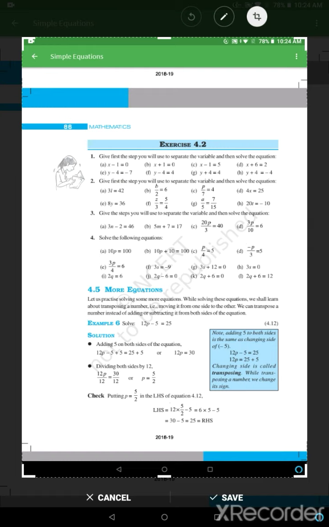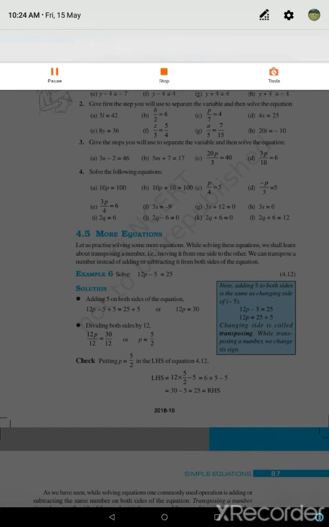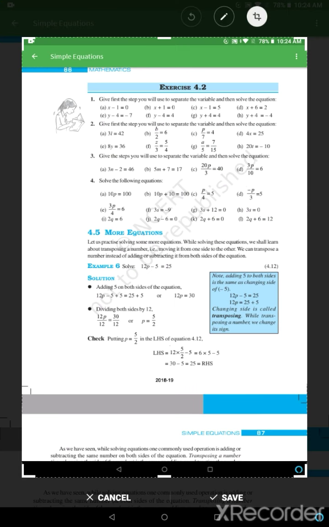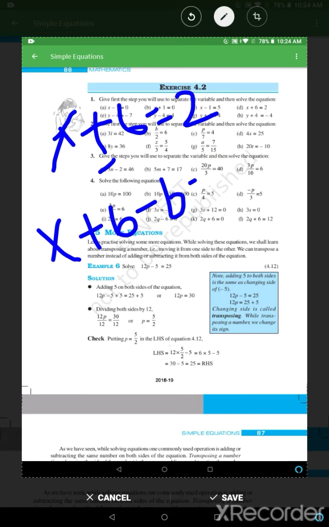Now d, which is x plus 6 is equal to 2. So it is plus, so we will subtract 6. x plus 6 minus 6 is equal to 2 minus 6, which will be 4.